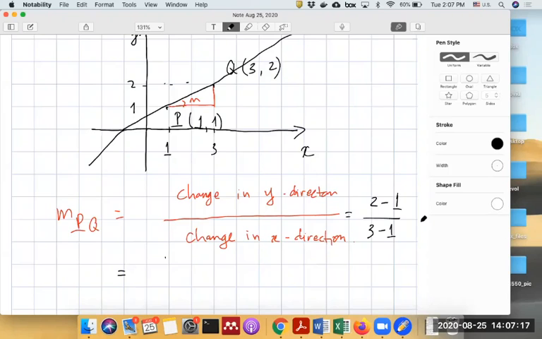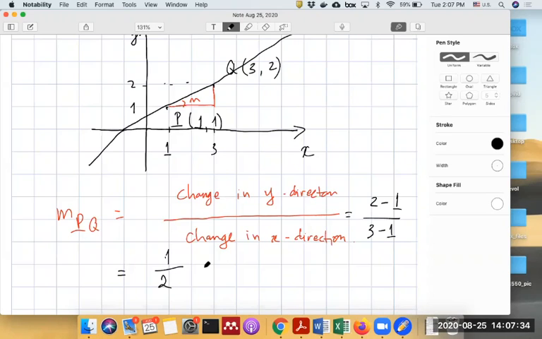And it is 1 over 2. We call it the slope of the line PQ, here 1/2, right?